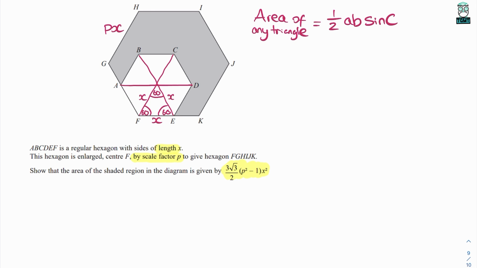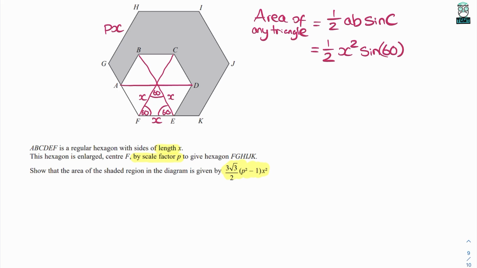So in terms of the side length, we have a half, a and b are our x and our x, so x times x is x squared, so a half x squared multiplied by sine 60.